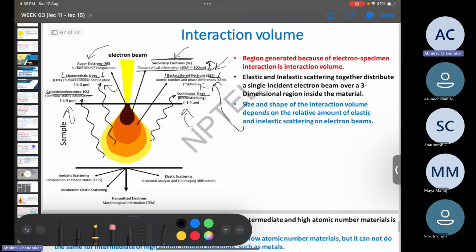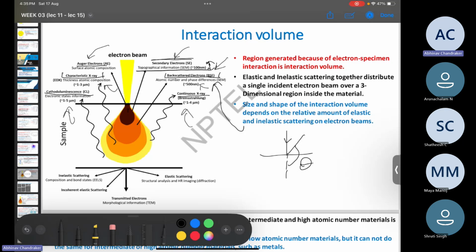This is generally seen as some electrons being scattered at very high angles, higher than 90 degrees. So if this is the specimen and this is the primary electron beam, it can get scattered at angles higher than 90 degrees.